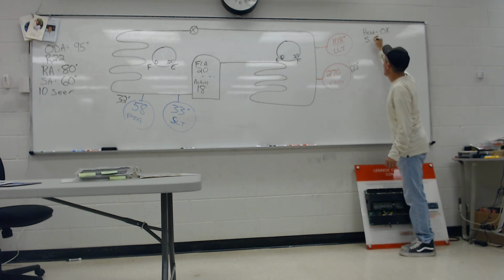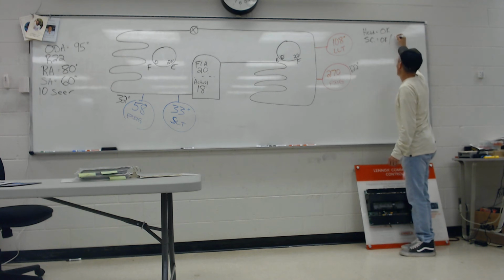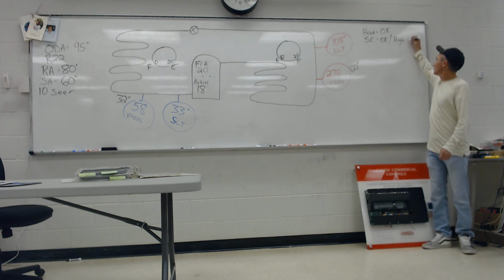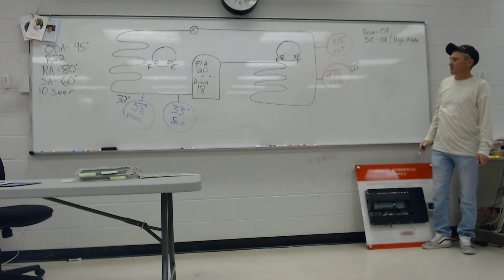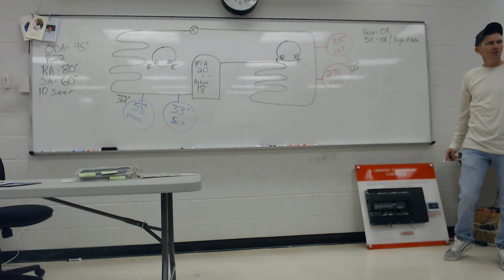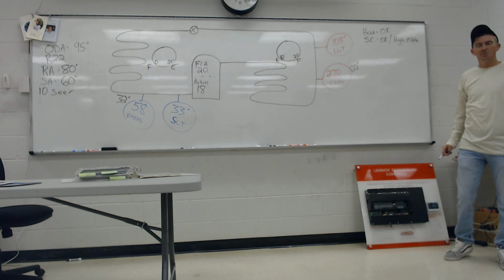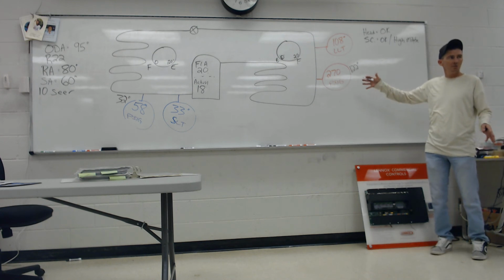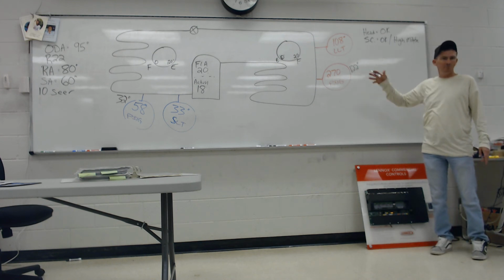My subcooling is okay. I don't even want to say it's high, but it's a tiny bit high, maybe. Condenser's okay-ish. Agreed? Does anybody disagree with that? Condenser TD, okay-ish. Subcooling, okay-ish.